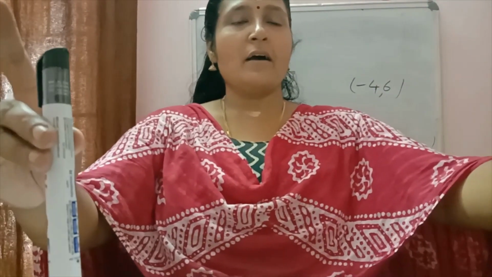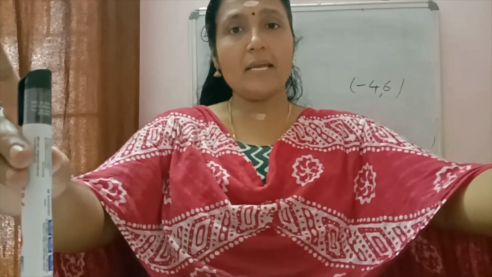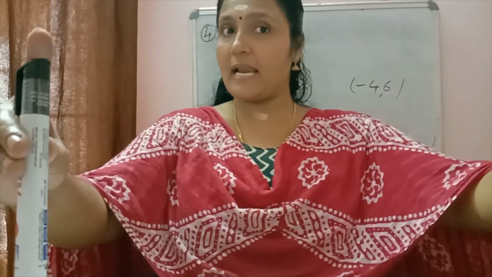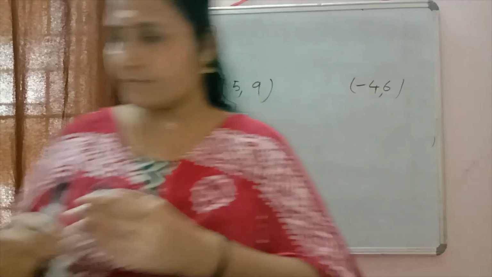So you have to find something which is equidistant from 2 points. Now you can check, I am standing at equal distance from these 2 points, but I am not standing in the middle. In the middle, sometimes it can be possible, then these 3 would be in the same line. So if they are equidistant it doesn't mean they all should be in the same line. Their position can be different also.